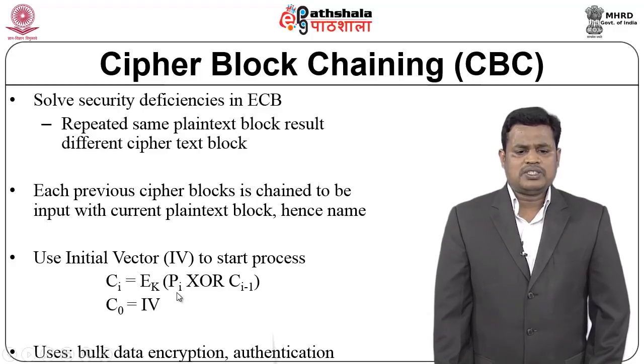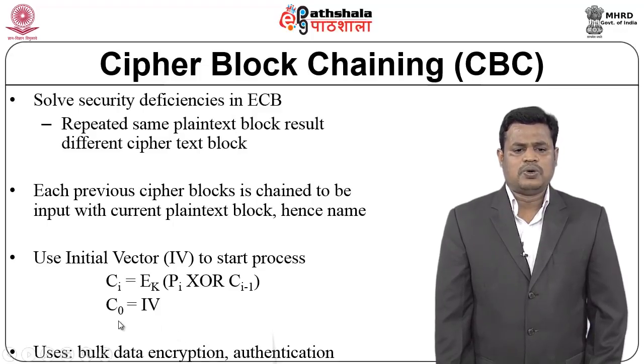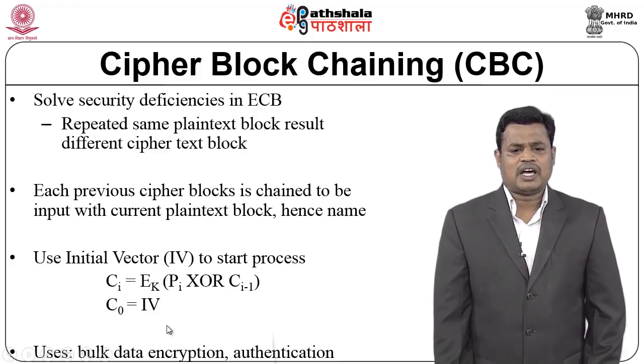To start the process, instead of directly going for C1 equal to E_K of P1, we have C0, that is the initial value. C0 is equal to IV, where IV is the initial vector. We know very well that the aim of the initial vector is to give randomness to the encryption process.